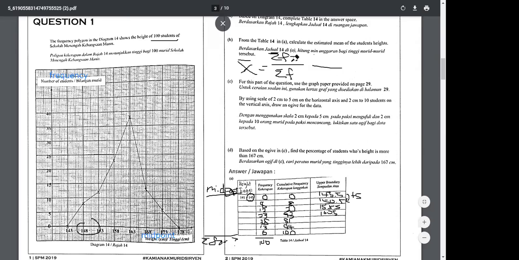For the ogive, we usually use upper boundary and cumulative frequency. The upper boundary lies on the x-axis, and cumulative frequency lies on the y-axis. So first you must identify the x-axis and y-axis like we did just now.